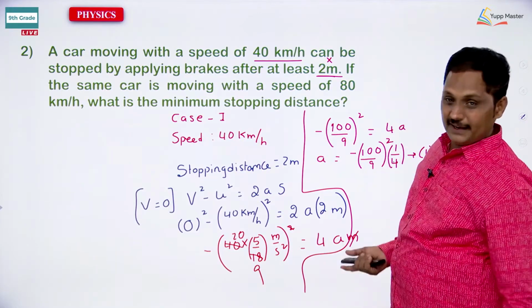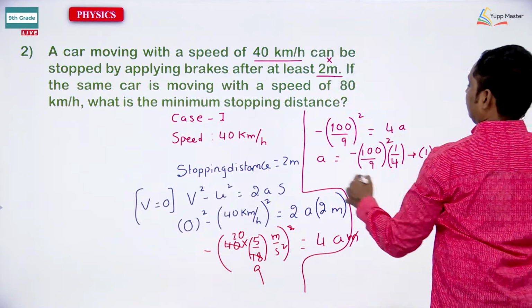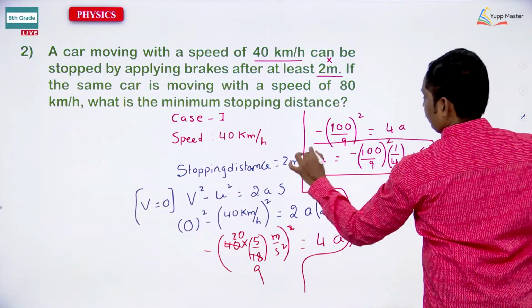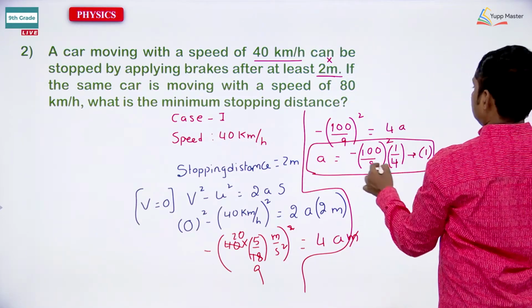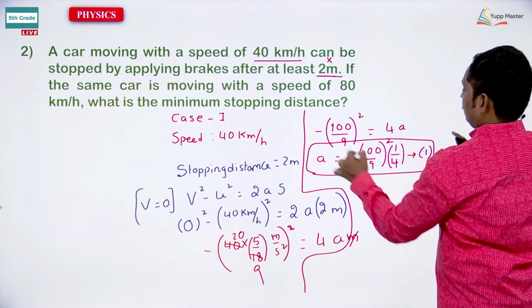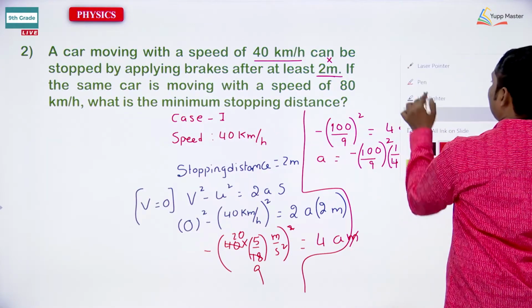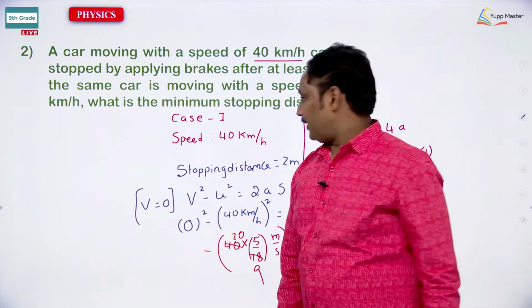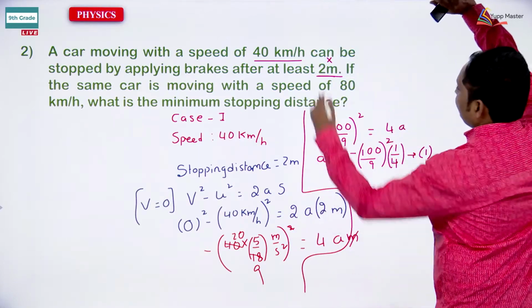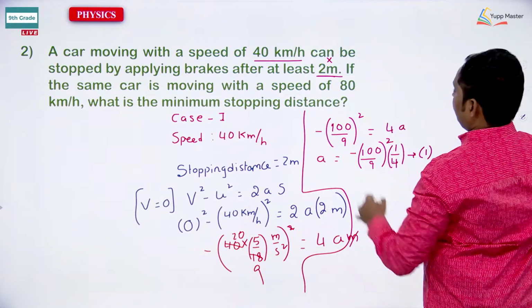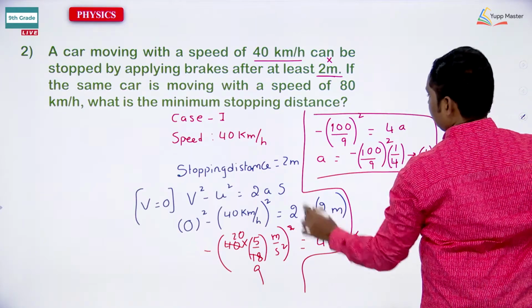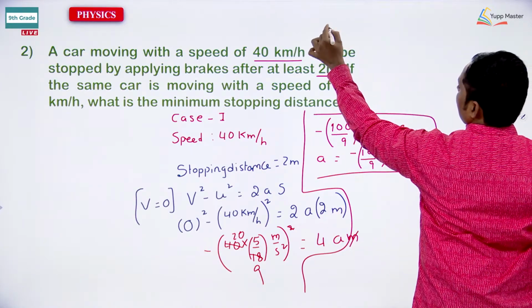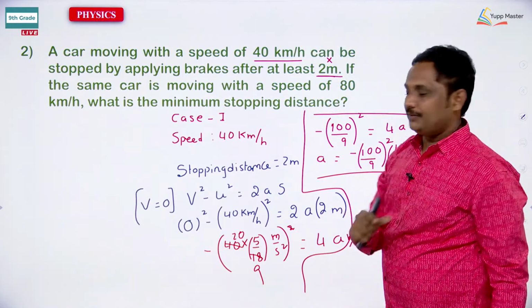Let us go for the second one, where the second car has been stopped. We are going to solve for the second speed. It is the same car, it has different speeds, very clear.